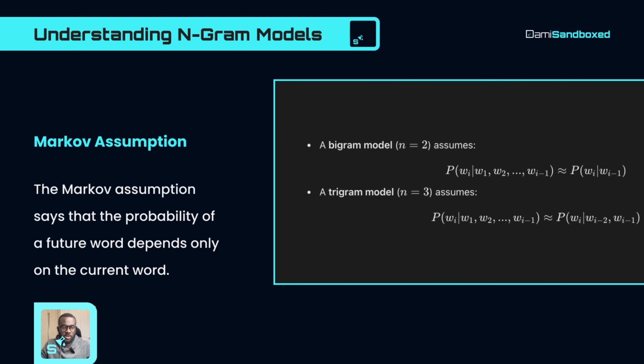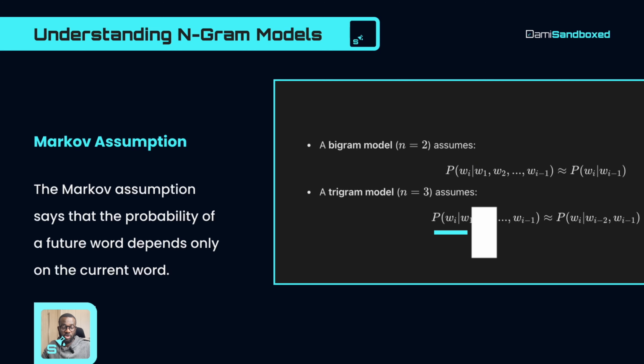This principle simplifies the prediction process by assuming that the future is a function of only a few recent words. That's basically the summary of the Markov assumption: whatever future word you're looking at is a function of a few recent words. Looking at this formula, for a bigram model, n is 2 minus 1, so the model considers just one word to predict the next word.